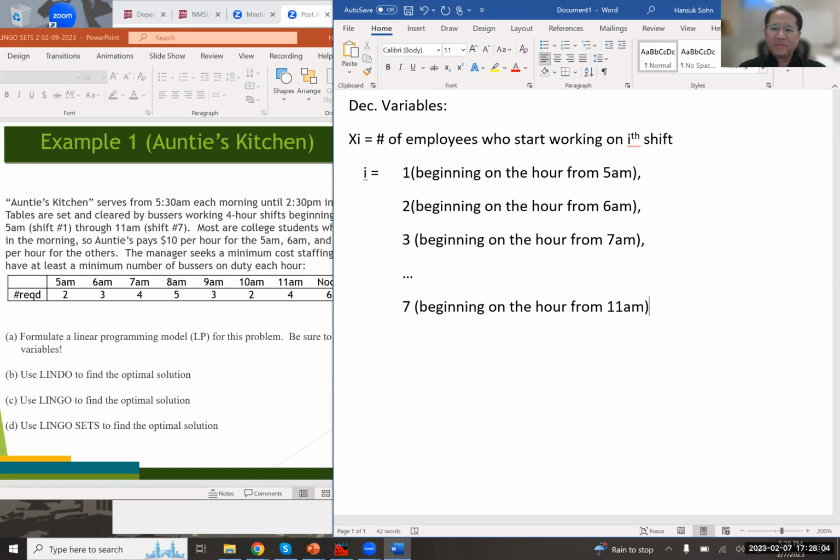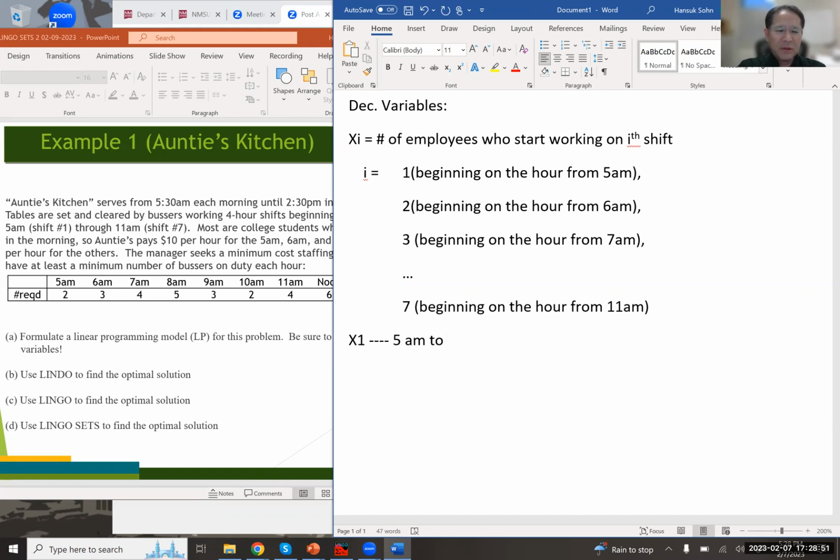So for example, here, x1 people, those are the number of employees who begin work from 5 a.m. Okay, so they work from 5 a.m. through 9 a.m., right? 6, 7, 8, 9, 4 hours, right?